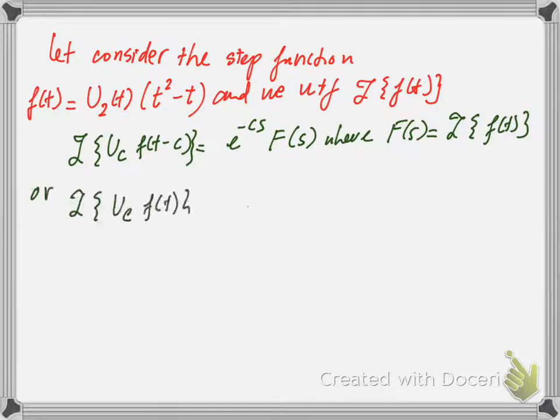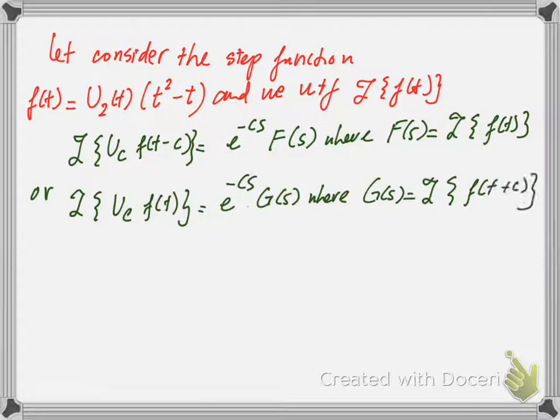Or you can use a different formula, which is the Laplace transform of the step function u_c(t) f(t), just f(t), equals e^(−cs) multiplied by G(s), where G(s) is the Laplace transform of the function f(t + c).